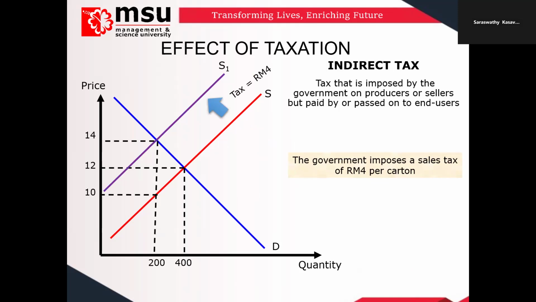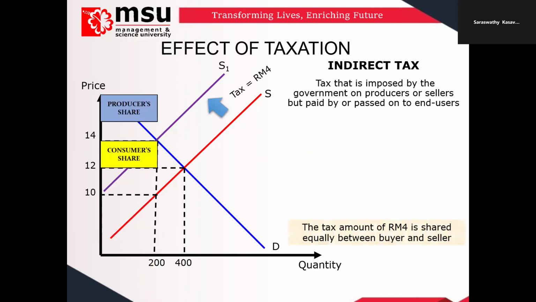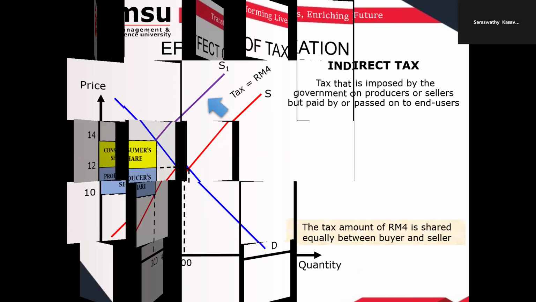Therefore, the supply curve shifts to the left from SS0 to SS1. So now the equilibrium price is 16 ringgit and the quantity is 200. The tax amount of 4 ringgit is shared equally by the buyer and seller.